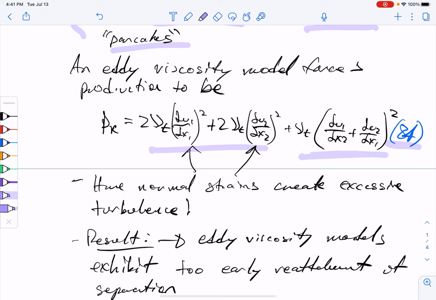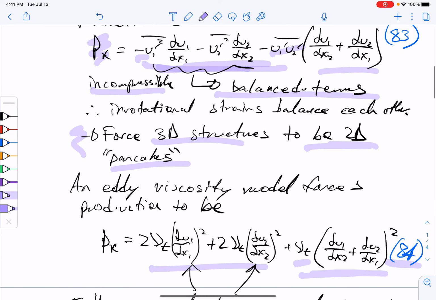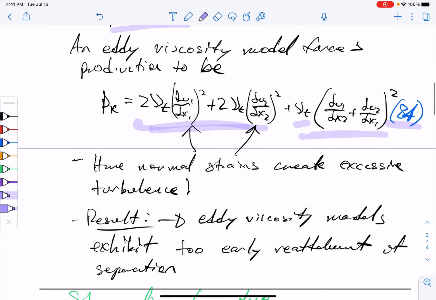And this is the strain term once again, but you can see now we've replaced these front terms by 2 nu t and nu t respectively. So these terms, of course, would be balanced. And we would see in eddy viscosity model prediction studies, CFD, that these normal strains will create excessive increases in turbulence near stagnation regions.